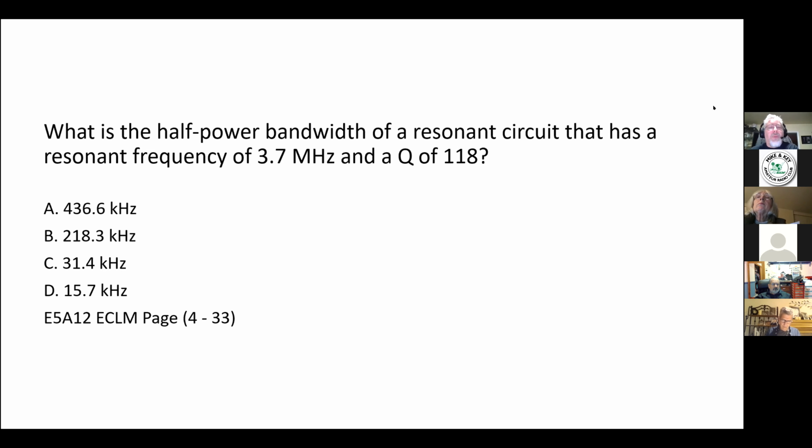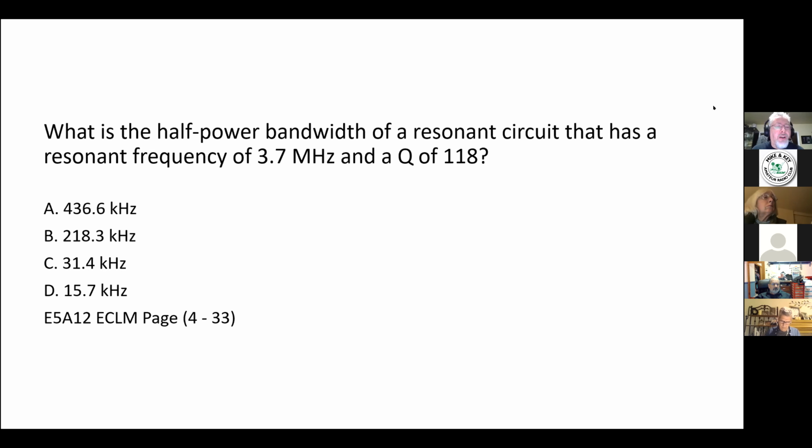What is the half power bandwidth of a resonant circuit that has a resonant frequency of 3.7 megahertz and a Q of 118?